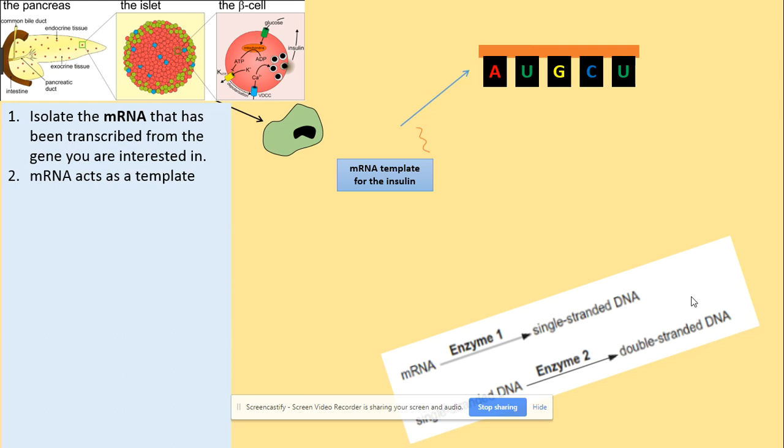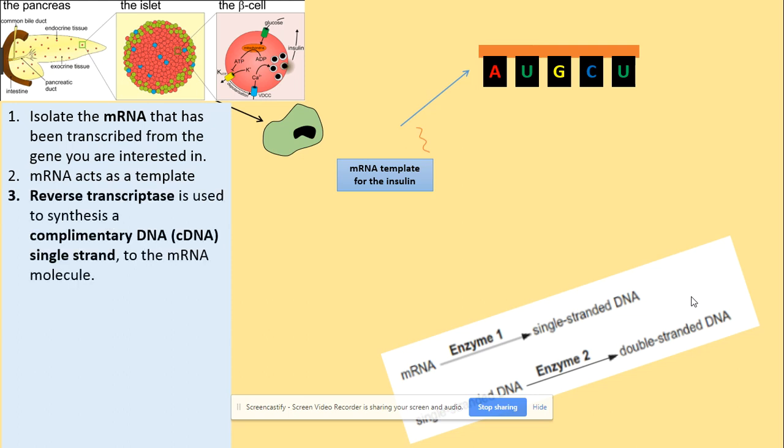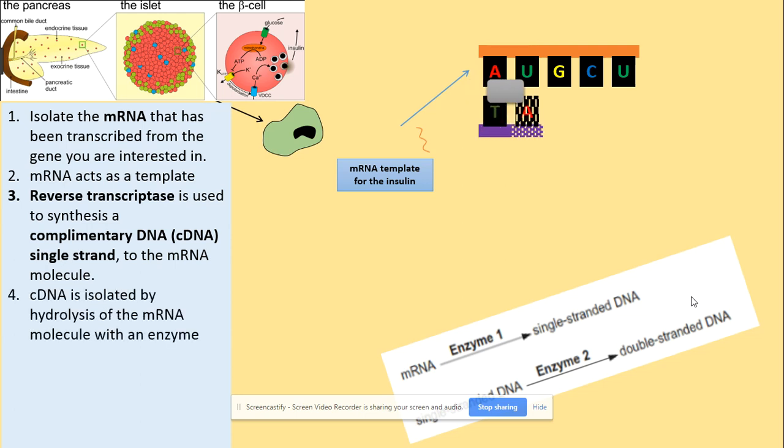So that's our single-stranded mRNA, which acts as a template. Reverse transcriptase enzyme then will come along and will be involved in the process of synthesis of complementary single-stranded DNA, which we will call cDNA. Okay, so this is our enzyme that comes along and produces single-stranded DNA, cDNA.